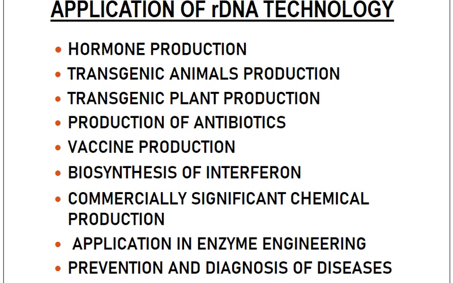Now coming to the seventh application, that is commercially significant chemical production. We all know numerous commercially significant chemicals can be manufactured more profitably using rDNA technology that we have learned about previously.